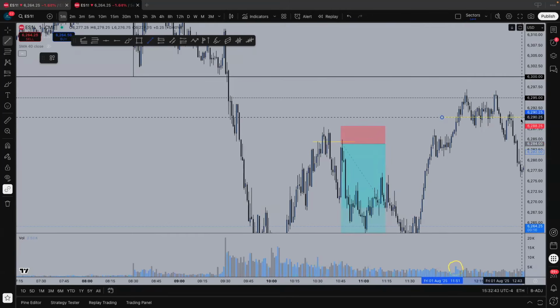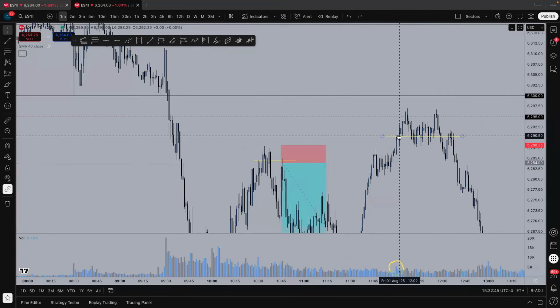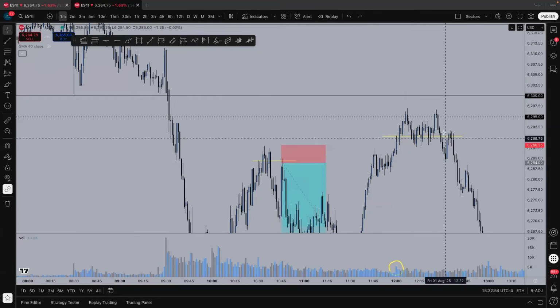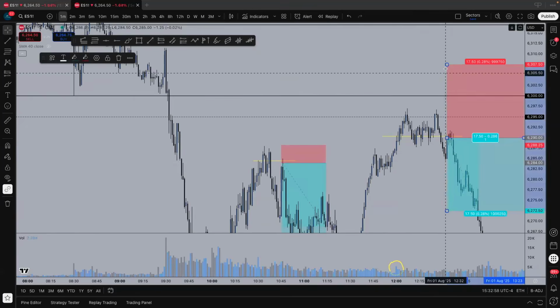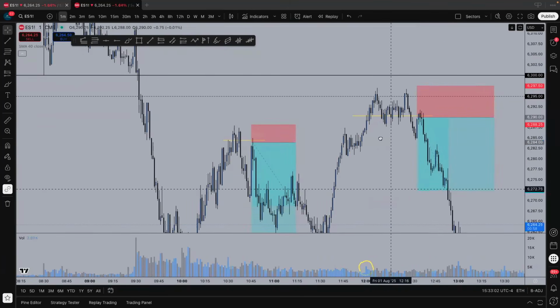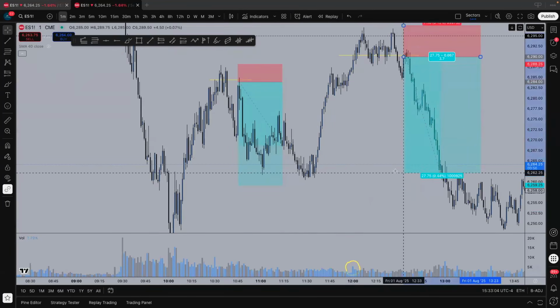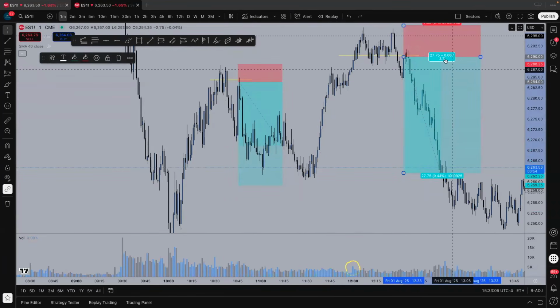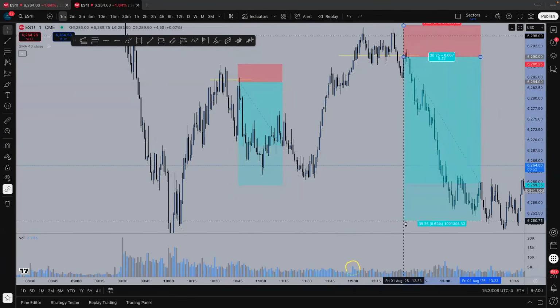So I'm going to draw a little line there. Then we got above, rejected, tried to hold it, came through, broke all this structure, put our limit again inside that area. Now this really was playing out on a higher time frame. This was more like a 3-minute setup. You could get out at this swing low here for a 3.7R, or you could take it all the way down to new lows.